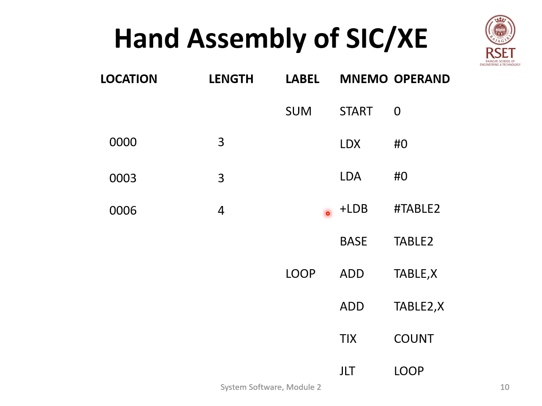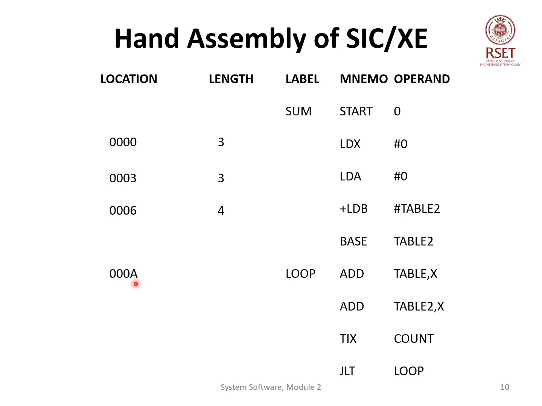Coming to the next one, the base used in the program is TABLE2. That is, the address of TABLE2 is used as the base address. Since BASE is an assembler directive, it does not have to be stored. It is just an instruction to the assembler. Now coming to the next one, the next instruction ADD TABLE,X is at A. Why didn't we write 10 there?